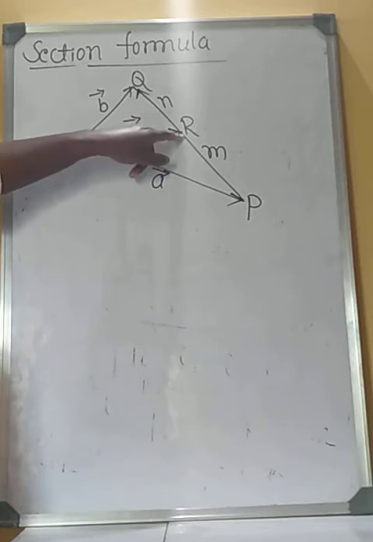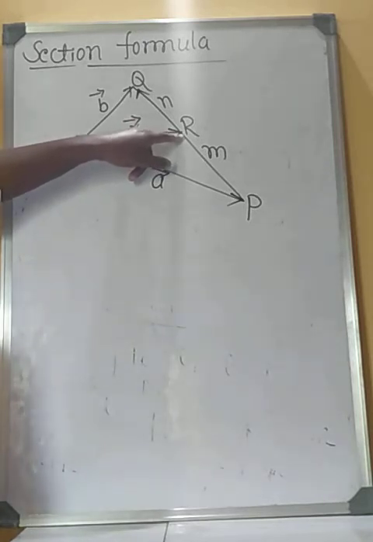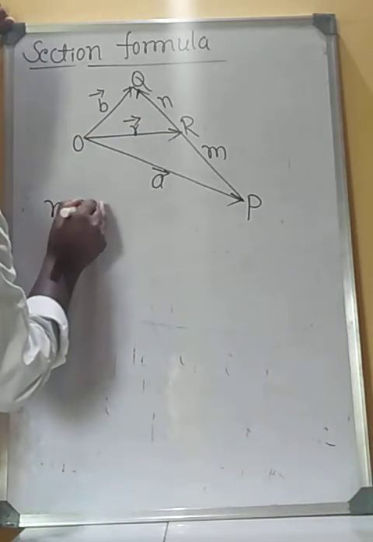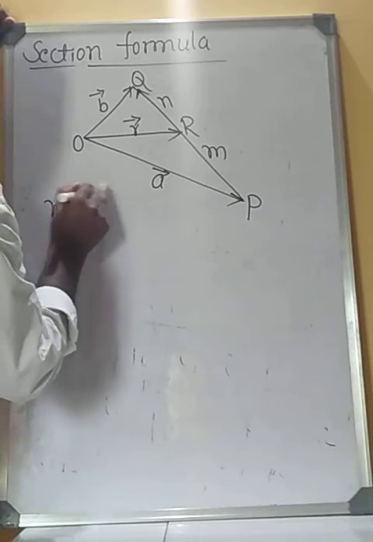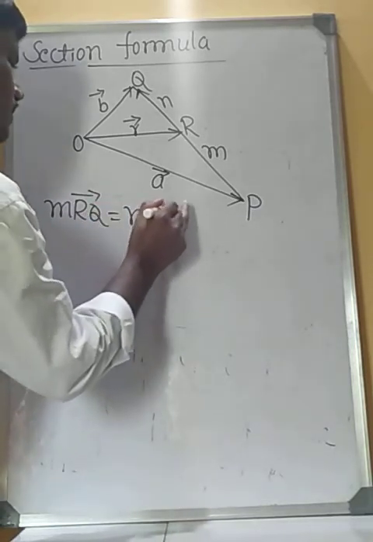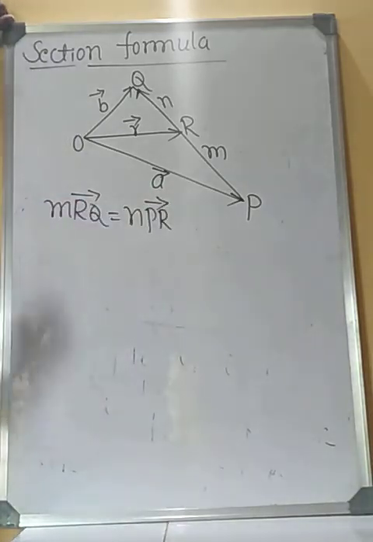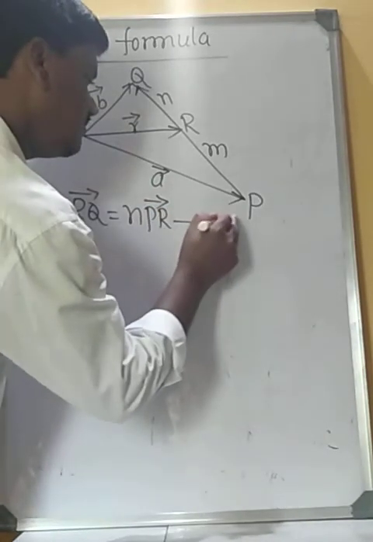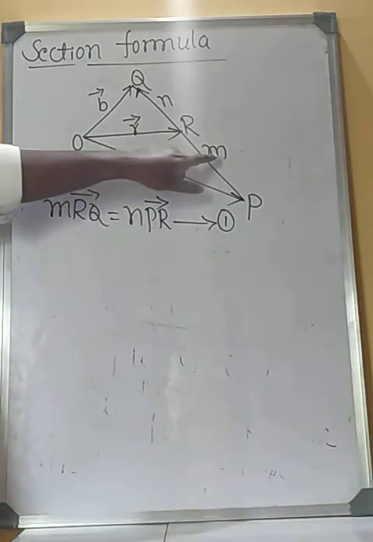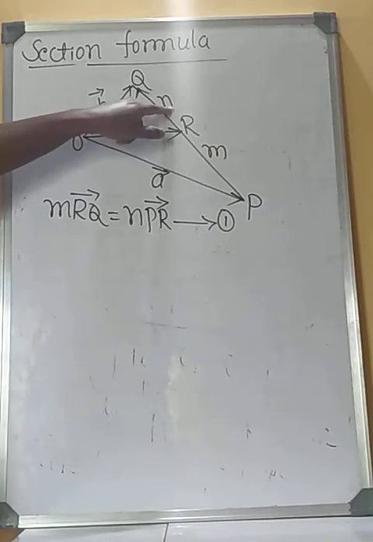Let R divide PQ internally such that M times RQ vector is equal to N times PR vector. That is equation number 1, where M and N are positive scalars.